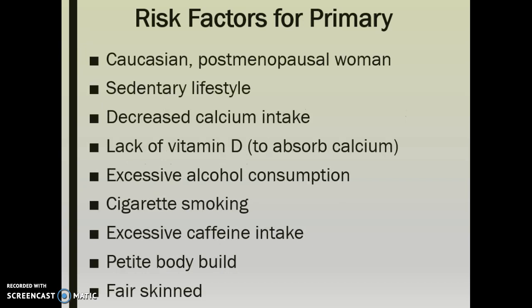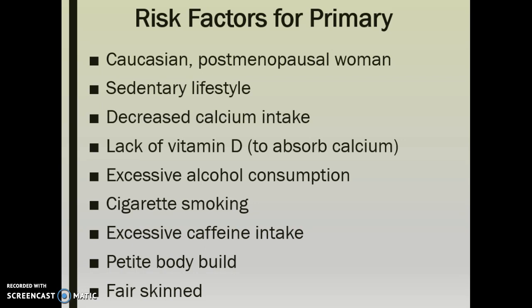If someone has primary osteoporosis, it usually has to do with a lack of vitamin D, and you need vitamin D to absorb calcium. So this is usually white postmenopausal women, sedentary lifestyles, decreased calcium intake, lack of vitamin D, maybe they drink, smoke, caffeine.